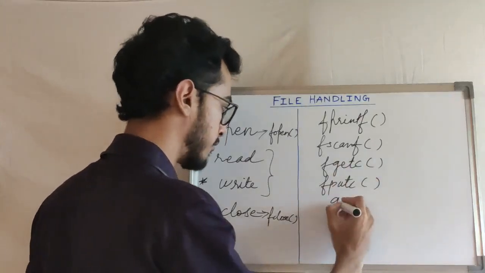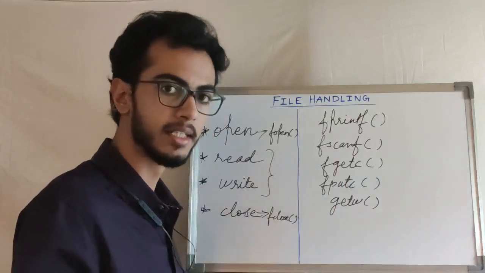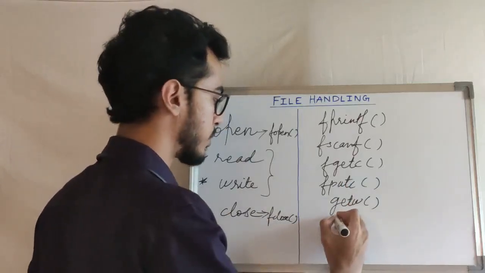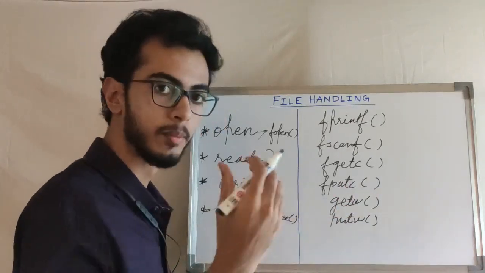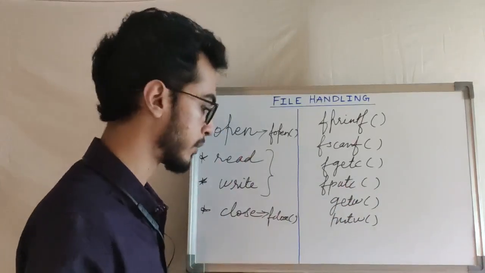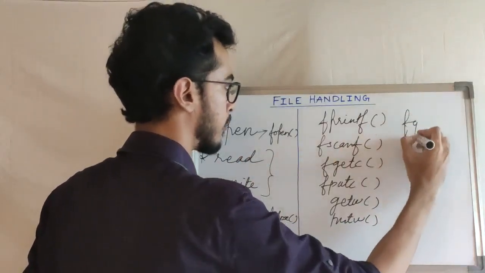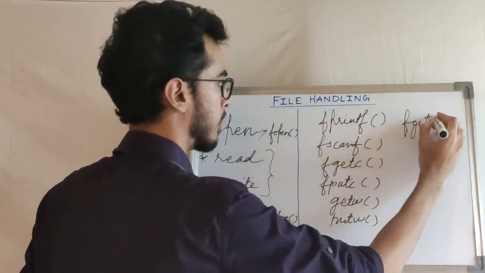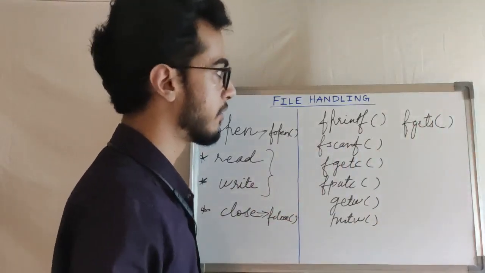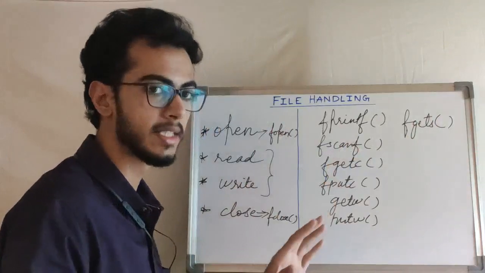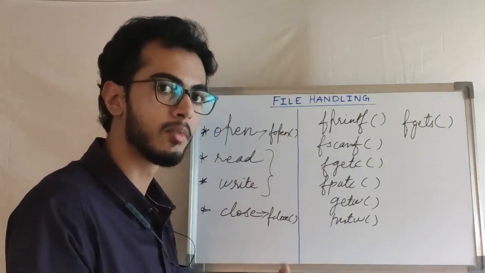Then we will have getw for reading a single integer from the file. We'll also have putw for printing a single integer on the file. Then for strings, we will have fgets, which is similar to gets, but here the f in every place indicates that whatever the operation is, it will be performed on the file.